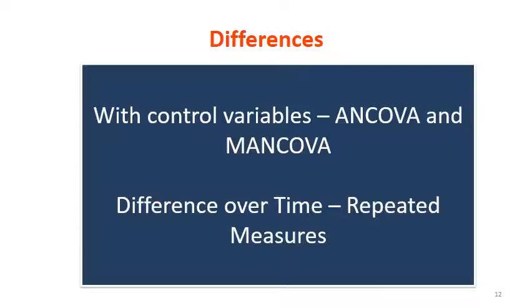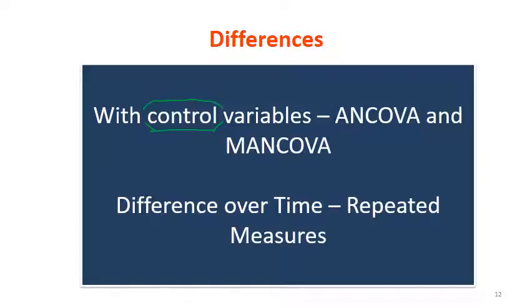And if we have control variables, now let me explain what control variables are. Control variables are basically variables that we are not interested in studying, but that could have an effect on the results that we want.